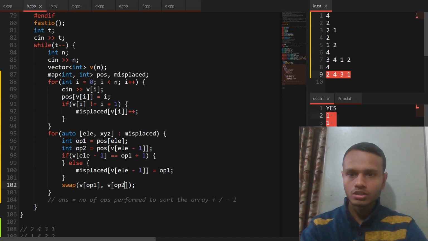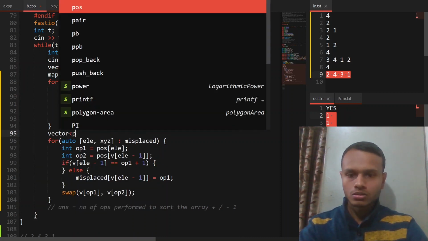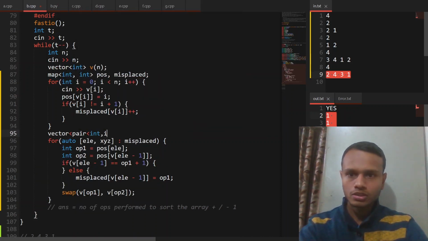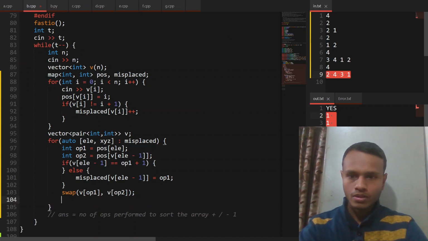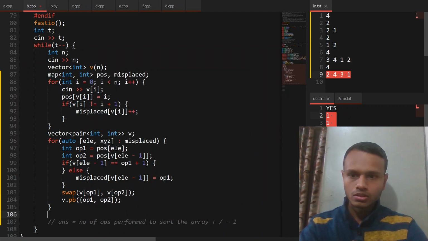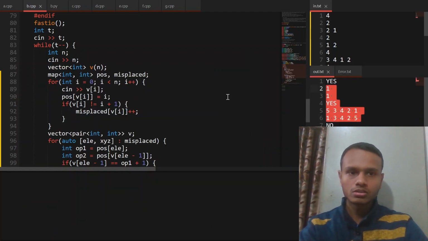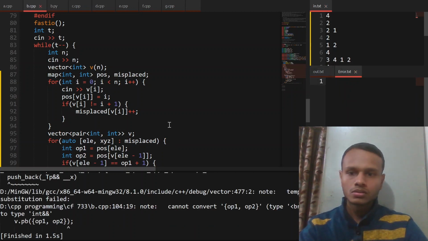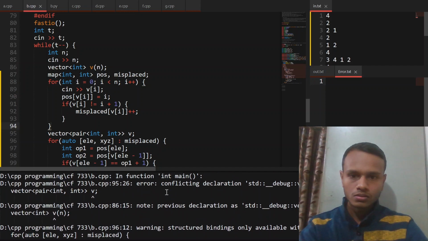Well, is it right, or am I messing up the indices? Also, let's create a vector of pair of ints. So v.pb op1 op2. Let me just debug this thing so that I'm sure this much part is right.